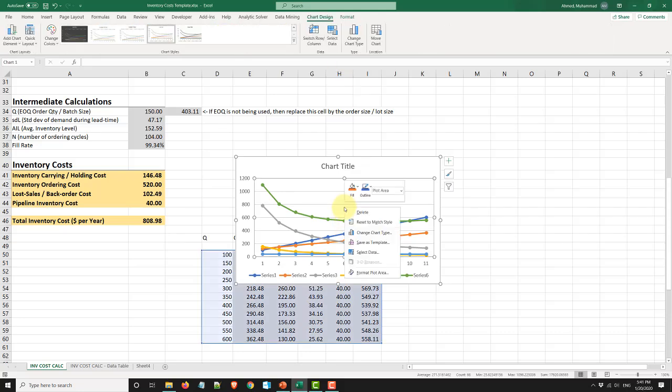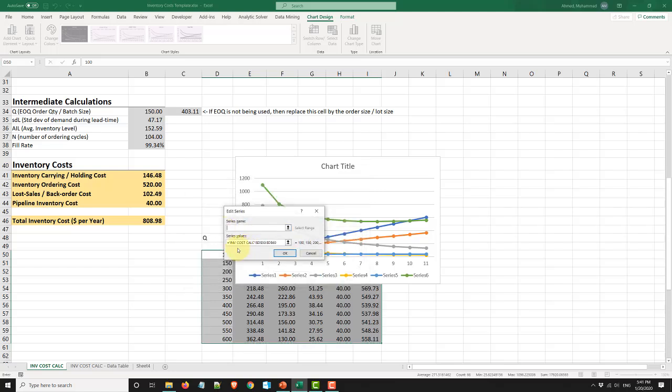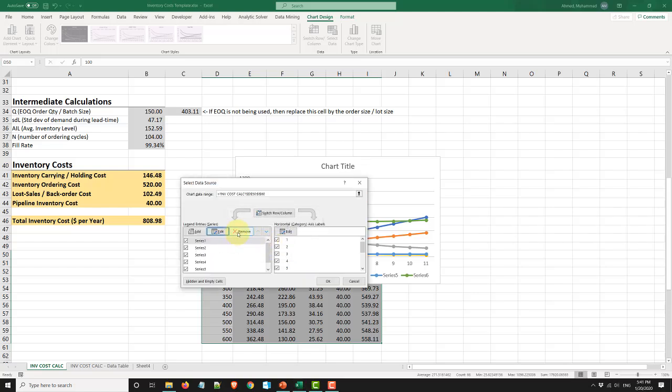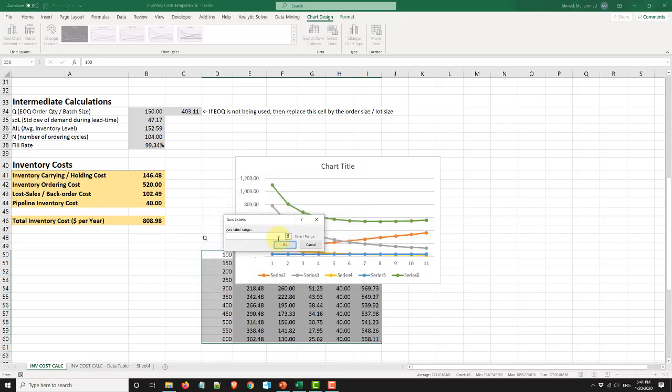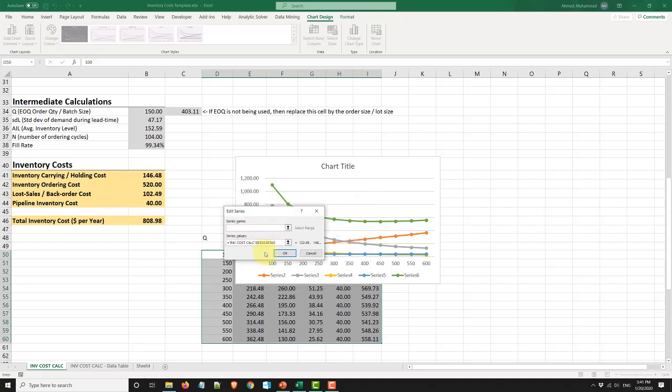Okay, now we're going to obviously select data to fix things, and series 1 should actually be on the x-axis. Series 1 we're going to remove, and the horizontal axis is going to be the batch size. Now series 2 is column E, which is the holding cost or carrying cost.